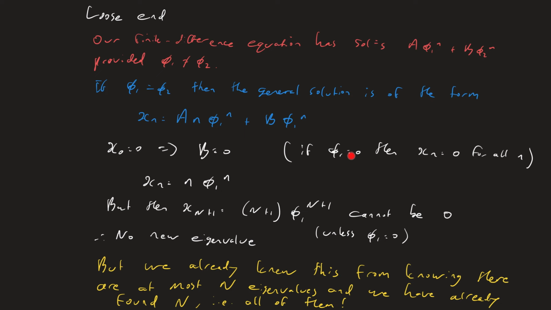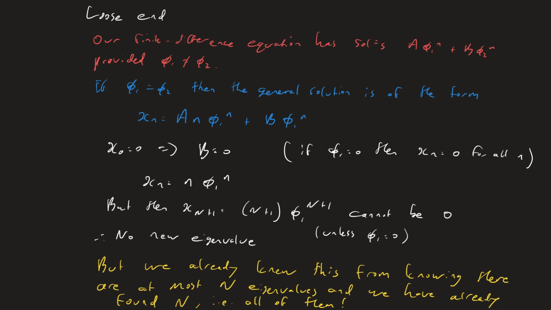Phi 1 is different from 0 if we want a non-trivial solution, and anything non-zero to the power of big N plus 1 will be non-zero, multiplied by big N plus 1 will remain non-zero. Therefore, there is no solution corresponding to the repeated root situation of phi 1 equaling phi 2.